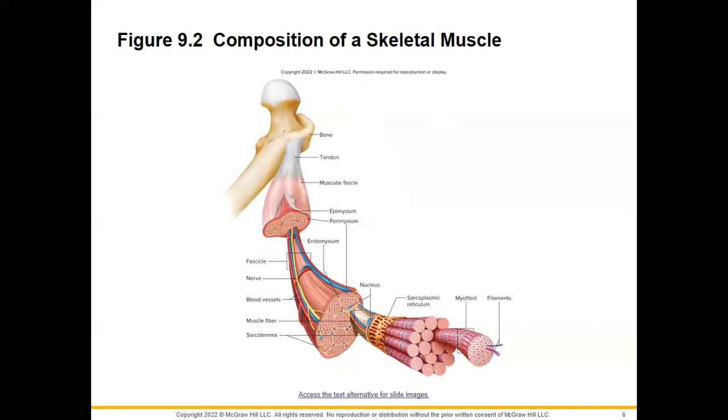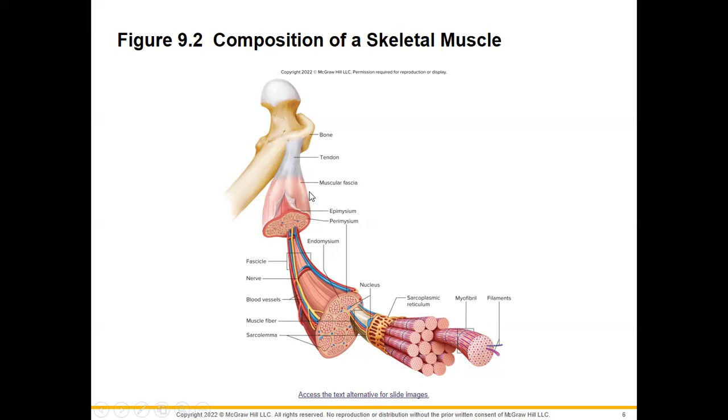So this is how a skeletal muscle is organized. You have a bone. The muscle is connected to a bone through a tendon. Remember, tendon is the cord-like connective tissue that connects a muscle to a bone. It is located on each end, the proximal and distal ends of your muscles.